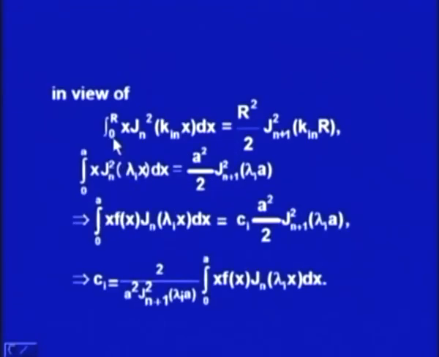Now, we have seen that when i is equal to j, the integral from 0 to r of x J_n²(k_i x) dx is equal to r²/2 times J_{n+1}²(k_i r).